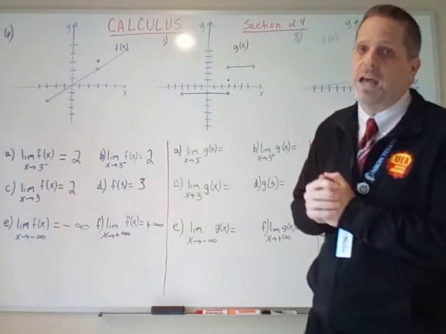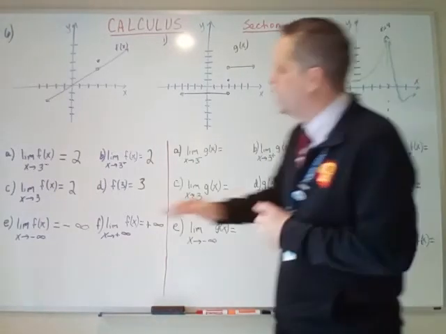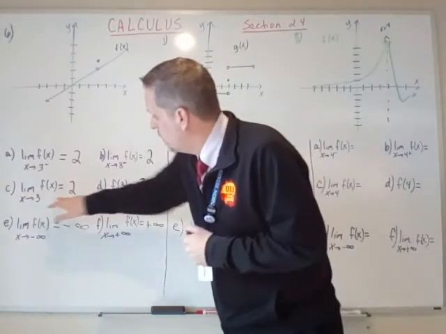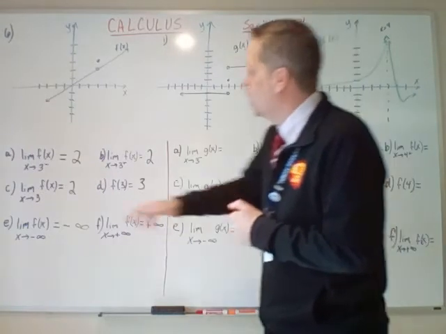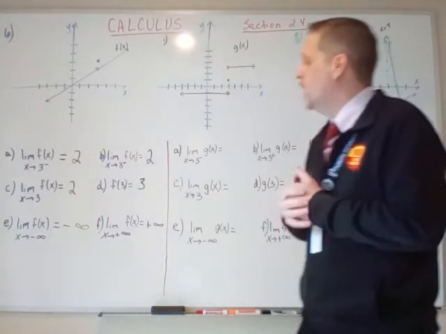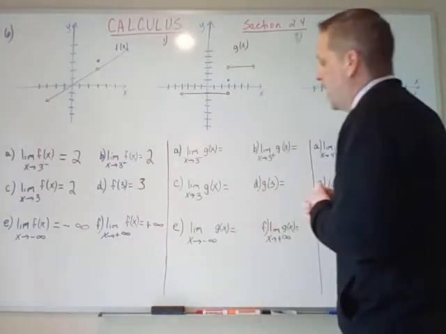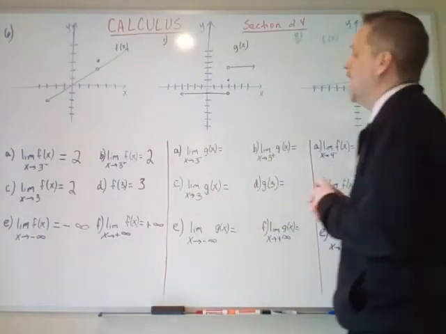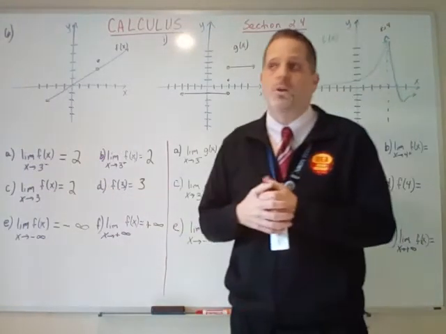A removable discontinuity is a discontinuity such that the double side limit exists. Our double side limit is 2 here, so we know that's a removable discontinuity. In this case it is discontinuous; however, the function is defined elsewhere.